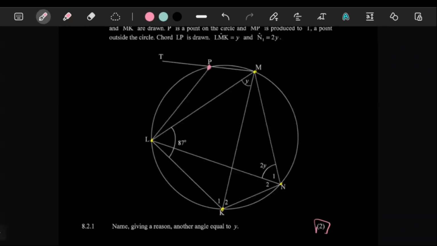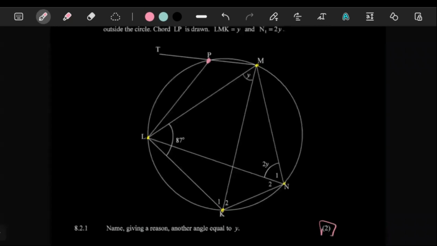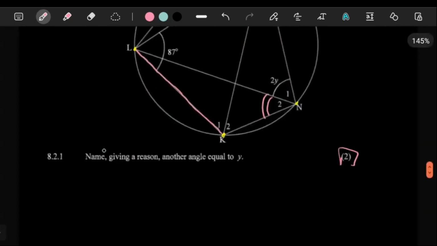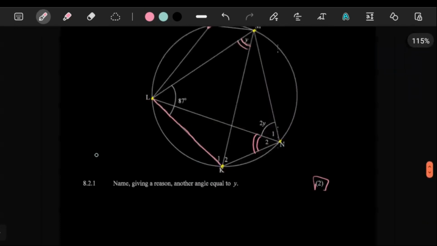So for 2 marks, they want us to give a reason, naming another angle equal to Y. Well, that's kind of easy, because remember, Y is subtended by LK. Another angle subtended by LK is N2, because those are angles subtended by the same chord, or angles in the same segment, whichever reason you want to say.